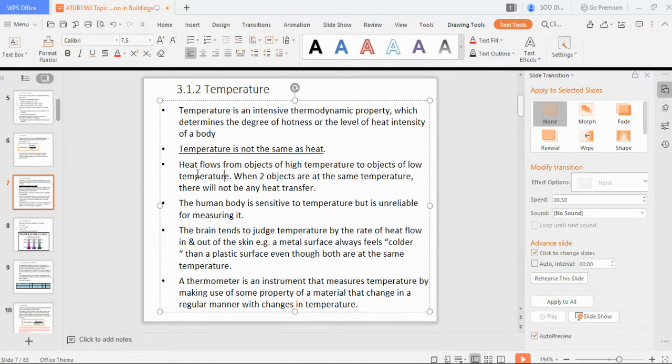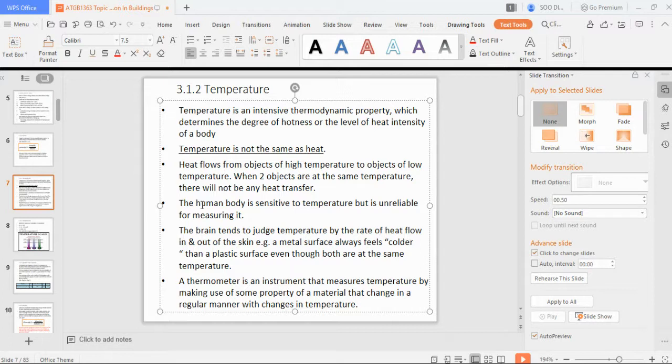Heat has this property in which it will try to make things reach equilibrium. So heat will always transfer from a high heat area to a low heat area. We use a measuring instrument to measure heat because our body is very bad at measuring it.